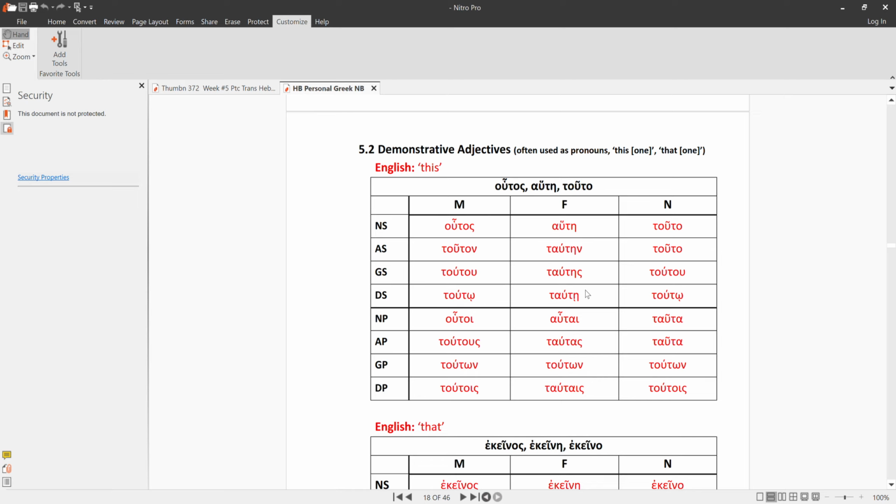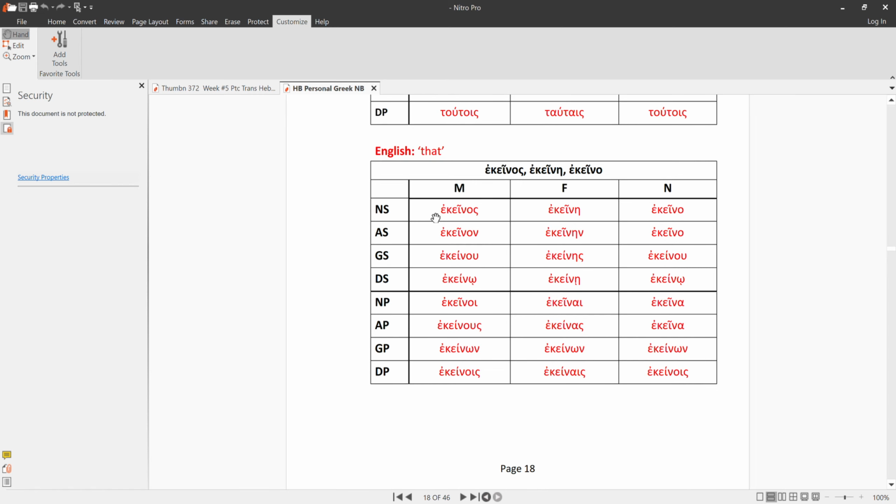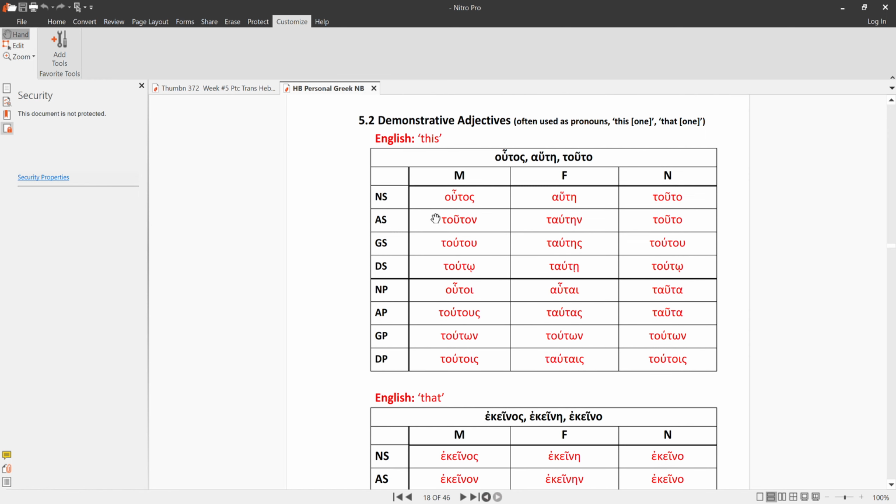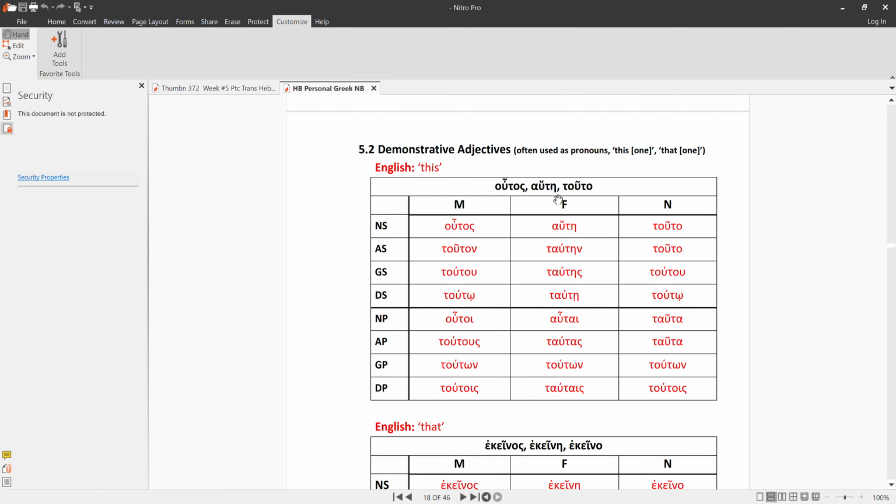I would encourage you to start, if you haven't already, completing your personal notebook. It has been made available to you if you have lost your blank copy. We're looking at page 18, and you'll notice that I've included both houtos, hautē, touto, which you are learning this week, these forms in the masculine, feminine, and neuter.